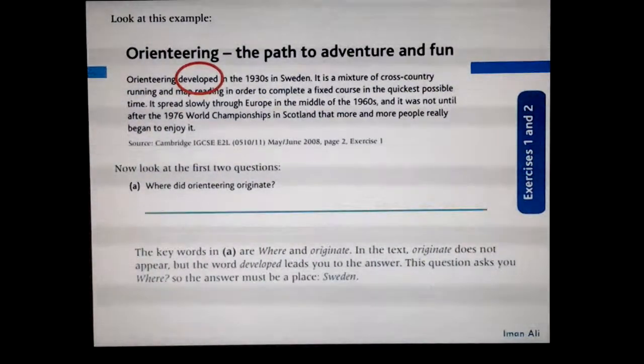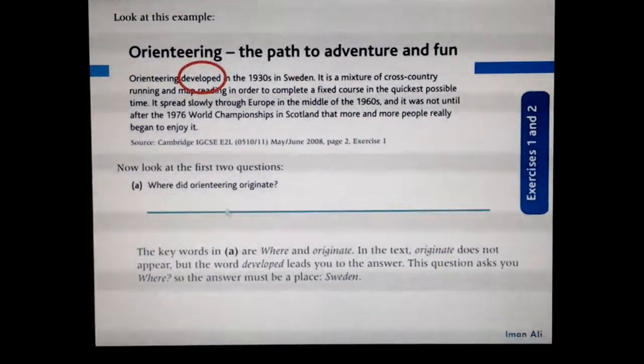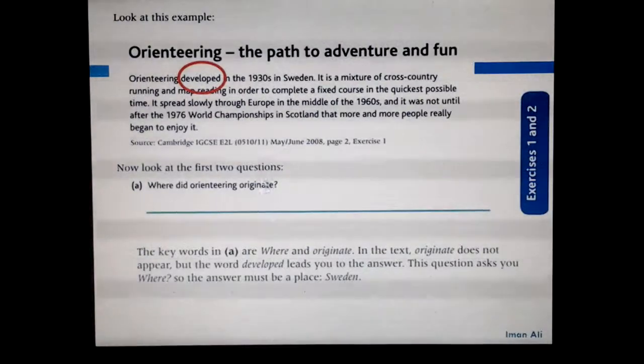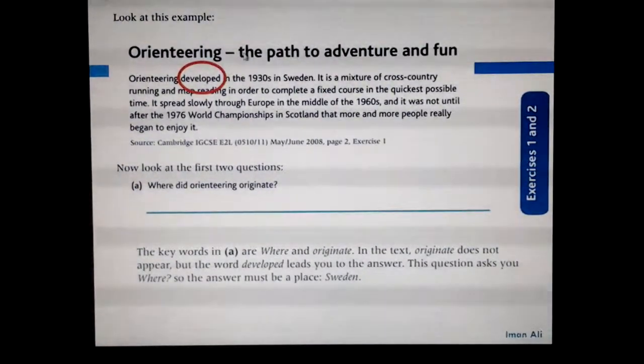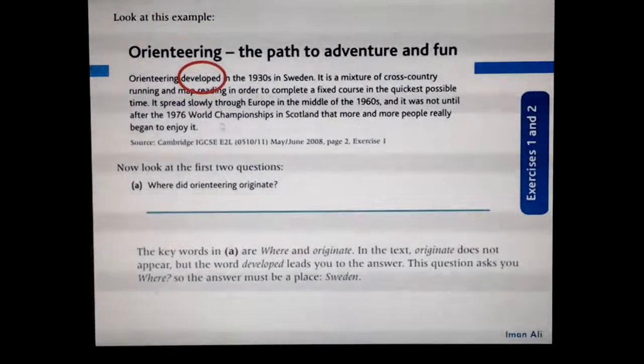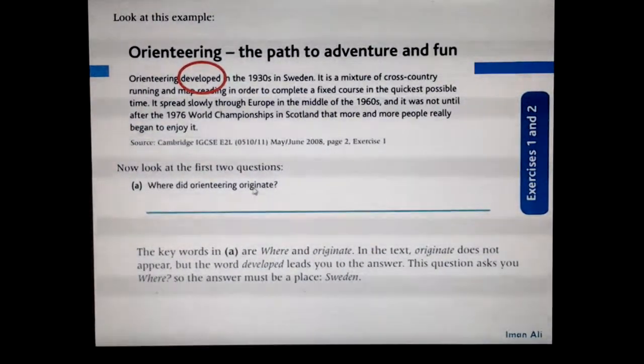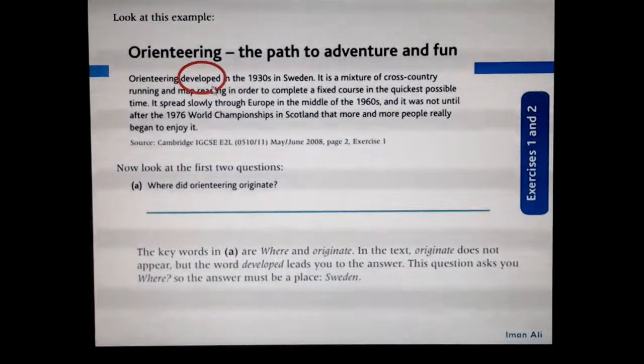Now look at this example. In this example, the keywords in A are where and originate. But you see, originate is nowhere to be found in the comprehension passage. There is a synonym of originate, which is developed.